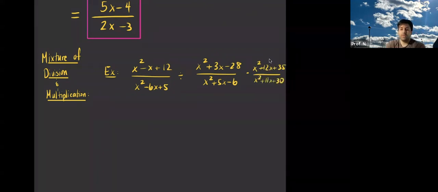So now we have a mixture. We have division and multiplication.